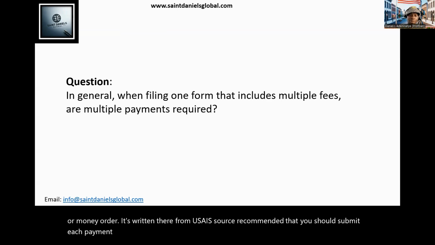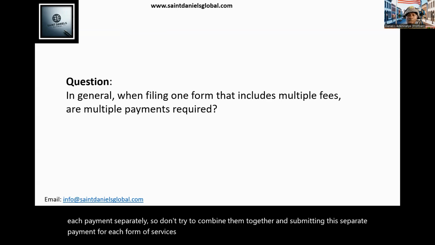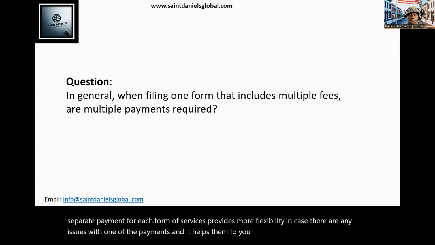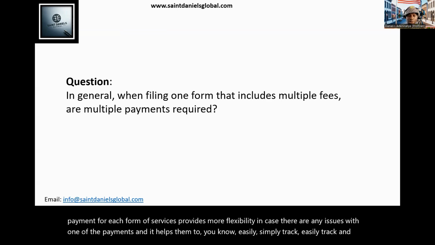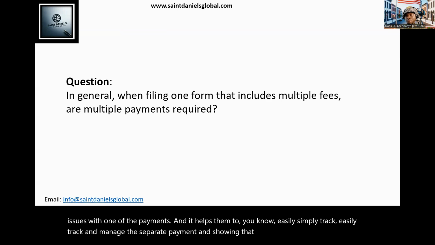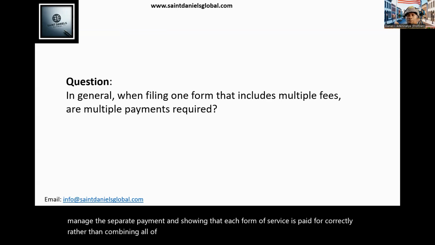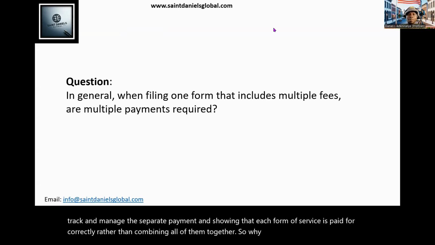So don't try to combine them together. Submitting a separate payment for each form or service provides more flexibility in case there are any issues with one of the payments. And it helps them easily track and manage the separate payments, ensuring that each form or service is paid for correctly rather than combining all of them together. So why combine? Don't combine, pay them separately.